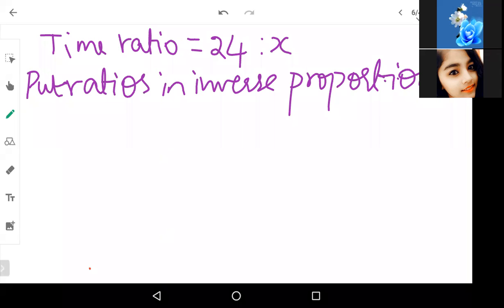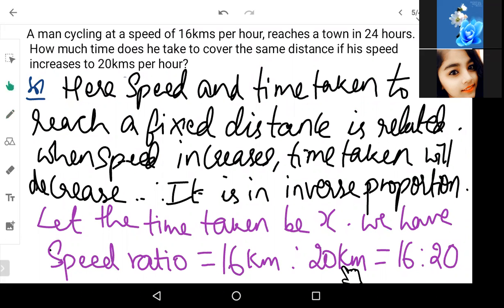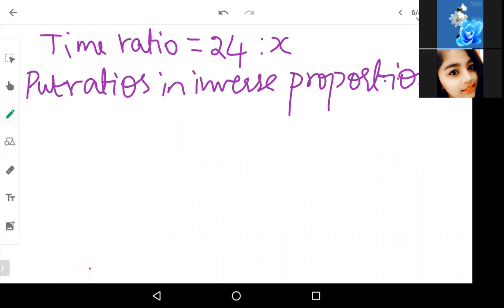But when it comes to inverse proportion, please understand, one ratio will be taken directly, the other ratio will be reversed. What I mean by that is, the speed ratio is 16:20, correct? So the speed ratio is 16:20. I am writing it as equal to, what is the other ratio?